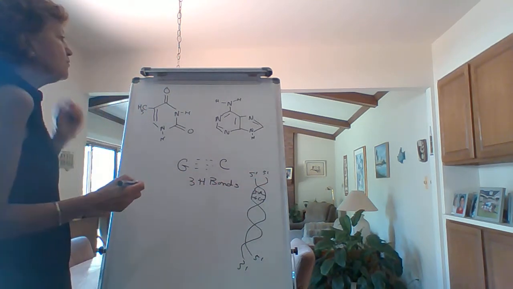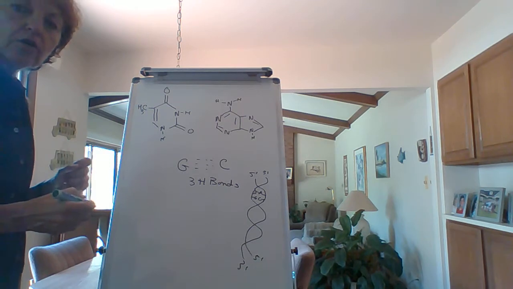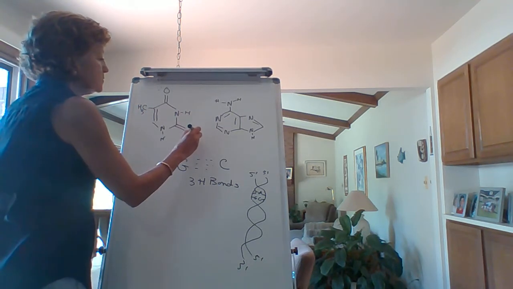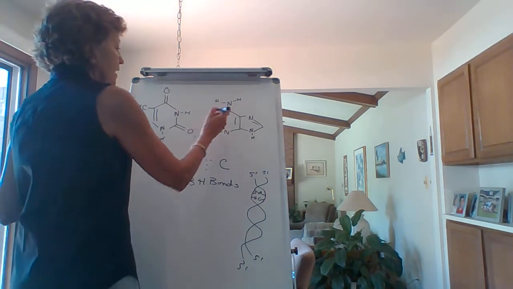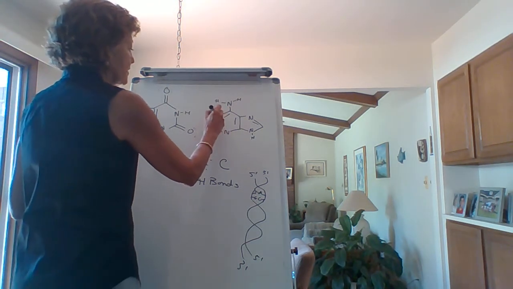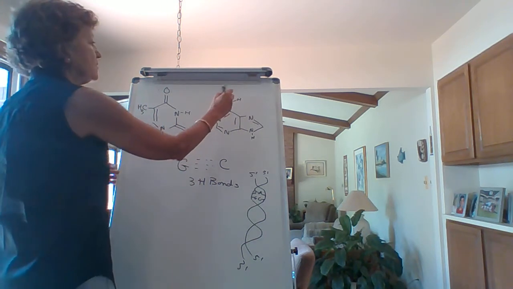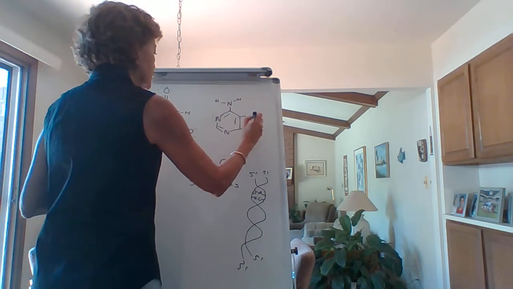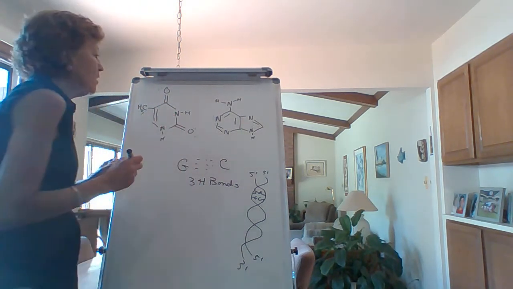All right, so let's take a look at the 2 hydrogen bonds that are going to occur between an adenine and a thymine. All right, so this nitrogen has a lone pair, this nitrogen lone pair. Okay, all the nitrogens have got some lone pairs there.